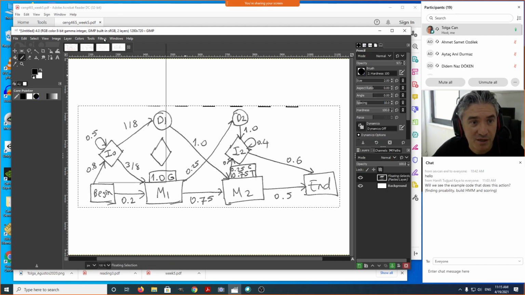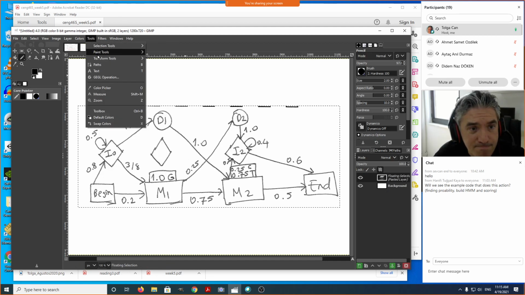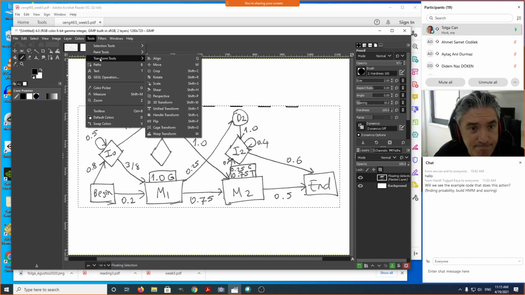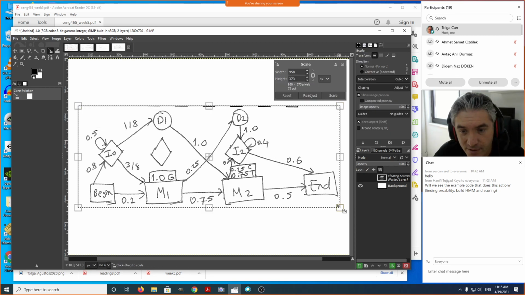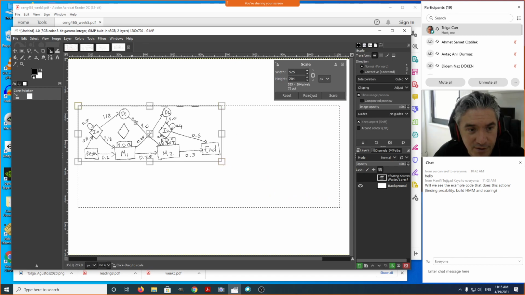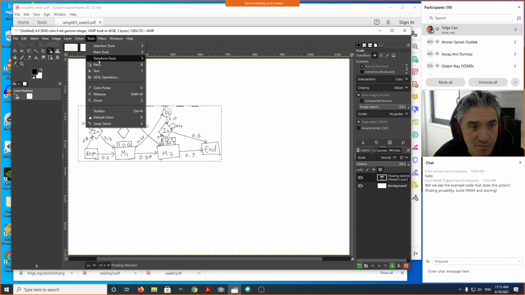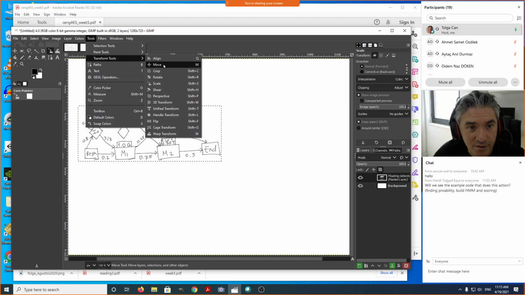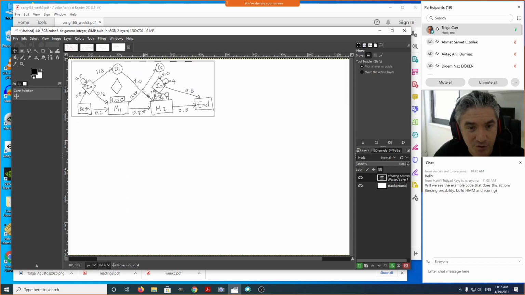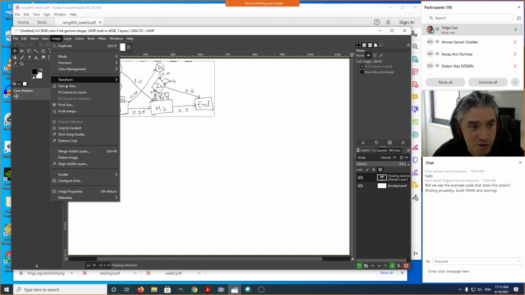Let me make it smaller. All right, it's readable. Then scale it and move it here. So just for my reference, I did this in part A. Now I'm going to solve this question.